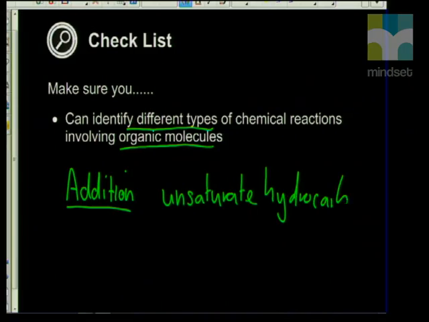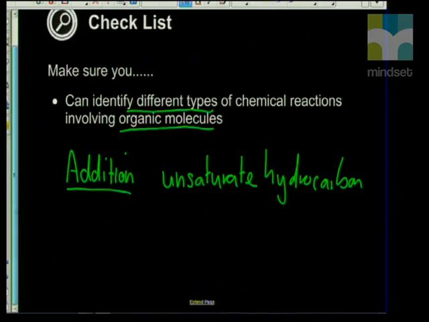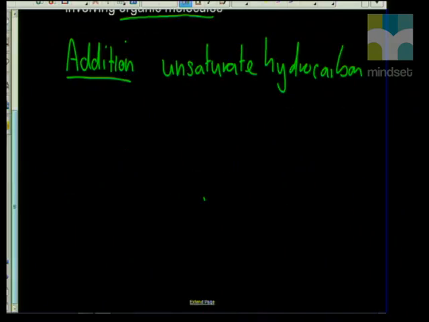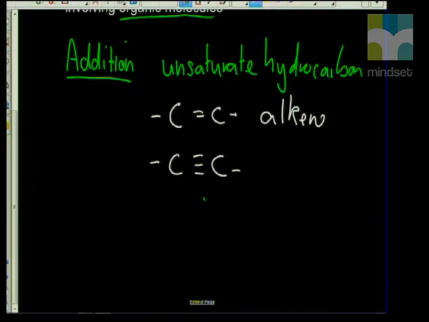And what do we mean by that? Unsaturated means it hasn't got all its bonds. It can take some more. For example, it could be an alkene, or it could be an alkyne. In either of those cases, if you look at them carefully, what you'll recognize is the number of partners that this carbon here has.